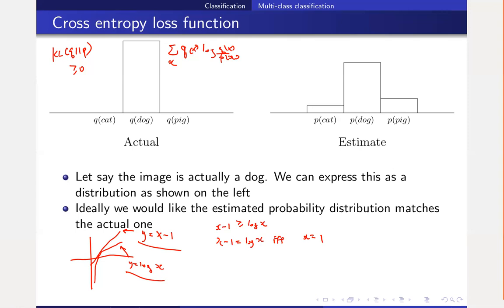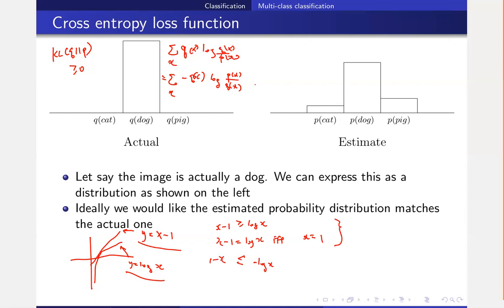Now I can take advantage of this simple inequality to show that this is always bigger than or equal to 0. So I have the sum of Qx log Px over Qx, where I just flip the numerator and denominator, which gives me a minus sign here. Then, since log x is less than or equal to x minus 1, minus log x is bigger than or equal to 1 minus x.